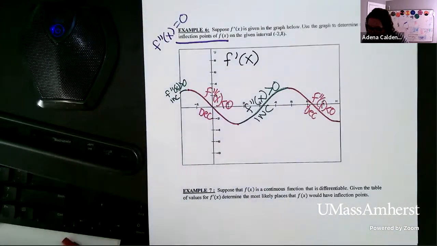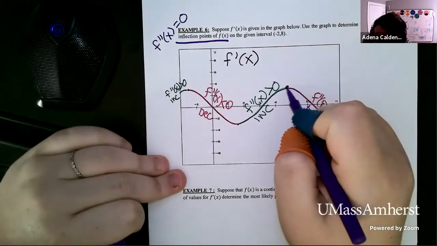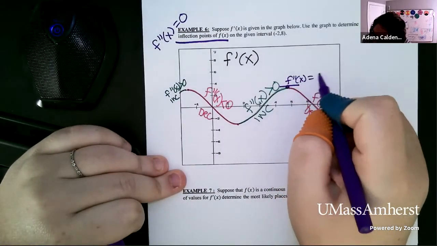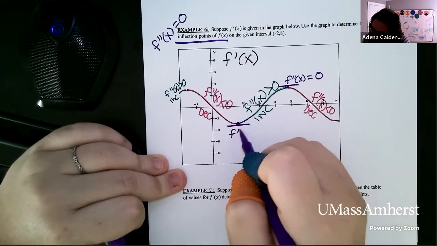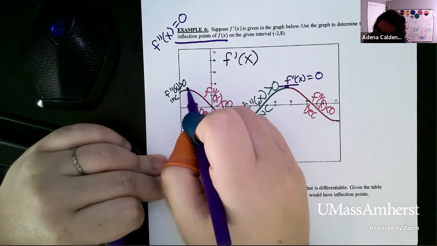And where we change from increasing to decreasing is where the second derivative equals 0. Right? That's where we have horizontal tangent lines, and that's usually where we started our graphing.